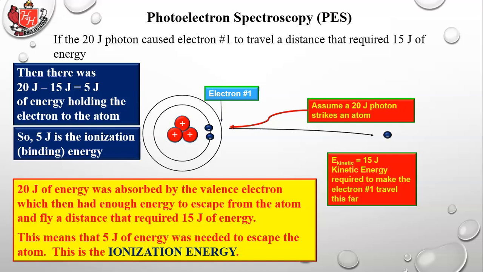That's just to break away from the atom, even just a little bit. It required 5 joules of energy. So remember, you put 20 joules into that electron, it takes 5 joules to break it away from the atom, and then the other 15 joules go into allowing it to fly out in space like that. So that 5 joules that it took to break that electron away is called the ionization energy.